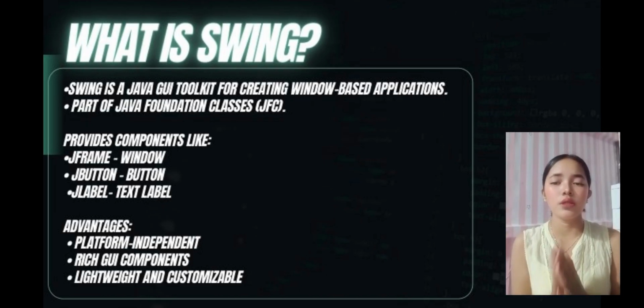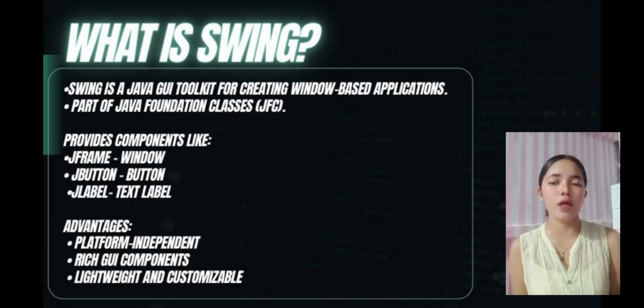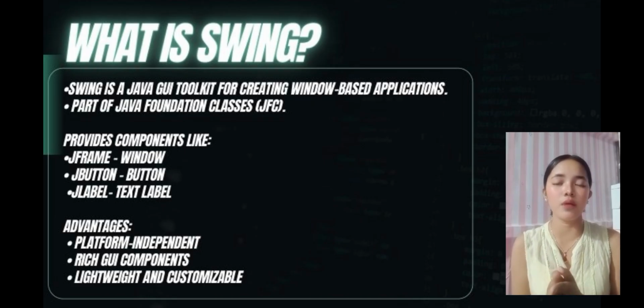The last is lightweight and customizable, so it is easy to style, resize, and modify appearance. So in short, Swing helps you to create graphical user interfaces in Java easily and consistently across all the platforms.